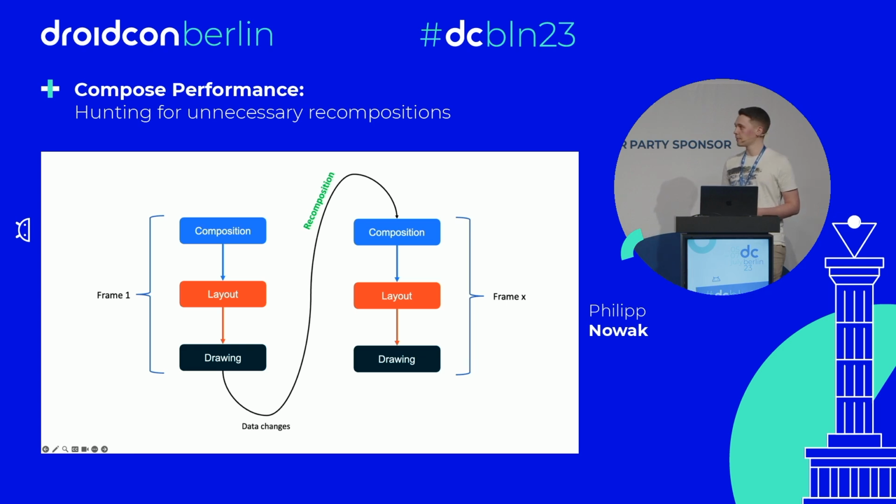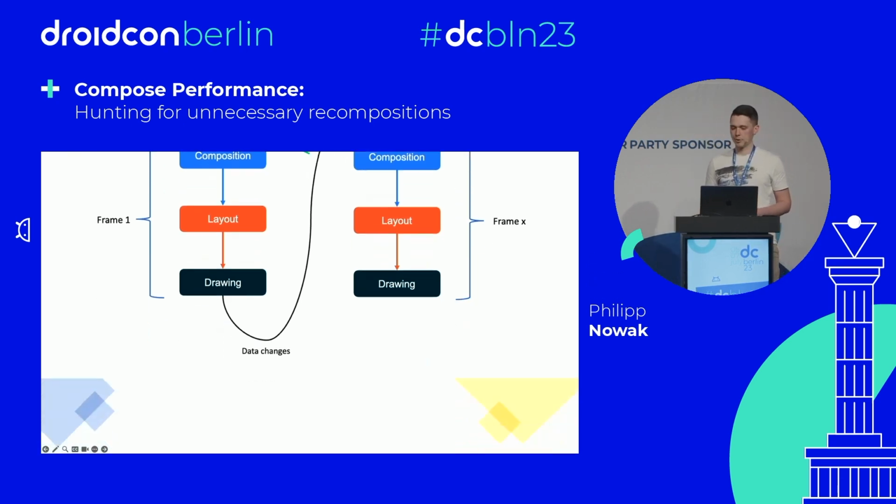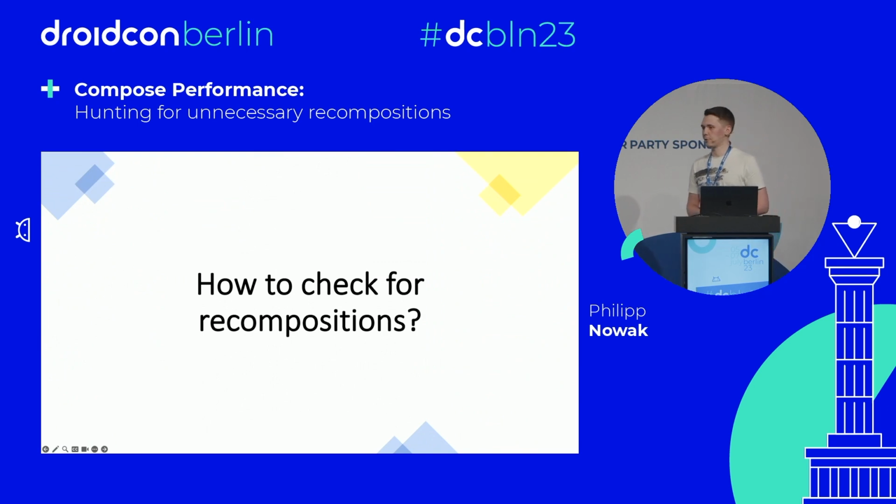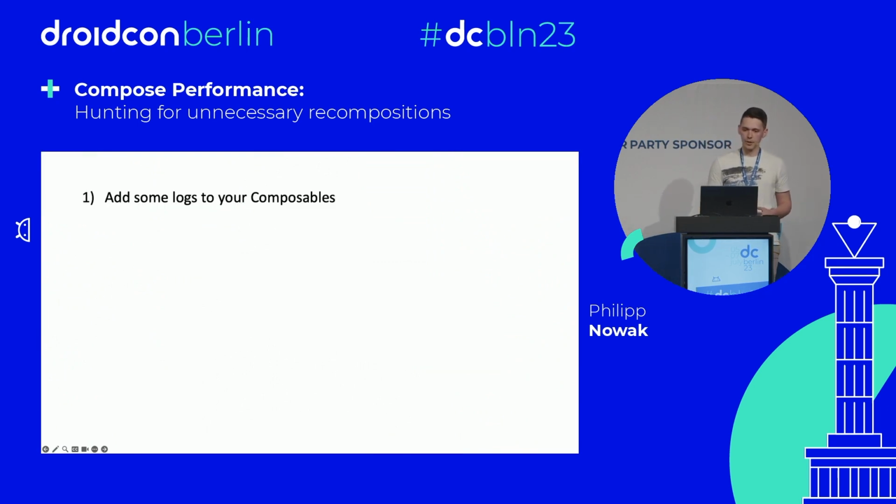We will have different examples where too many recompositions happen, and we could do some small changes to our code to avoid them. But before we start with the first example, we need to know how can we actually check for recompositions. The first solution is to add simple log messages to your composable functions, and every time you see those logs in your logcat, you know that your UI was recomposed.